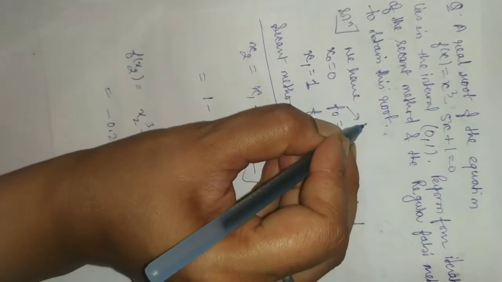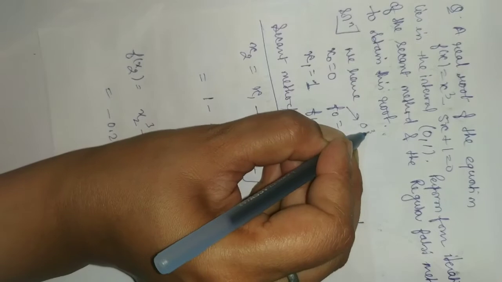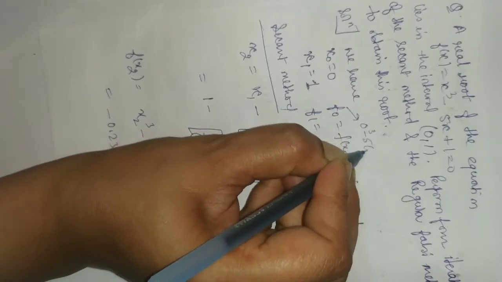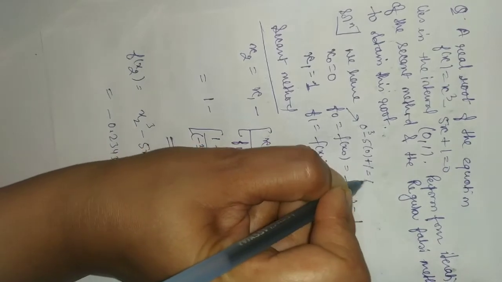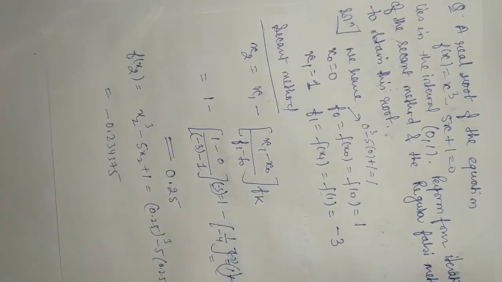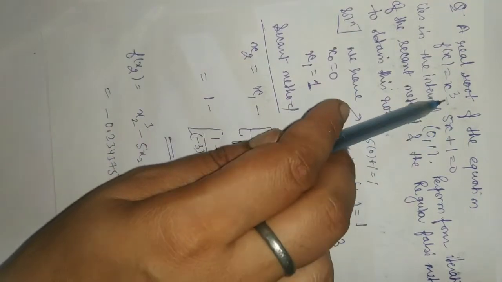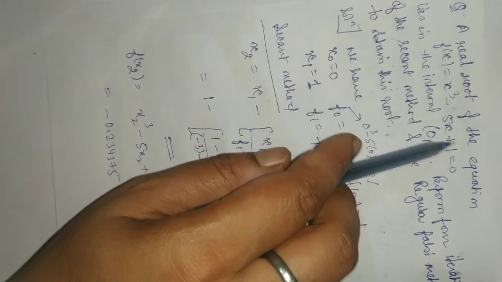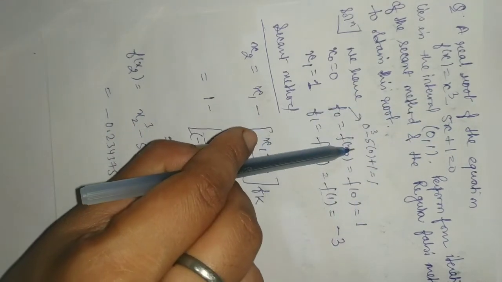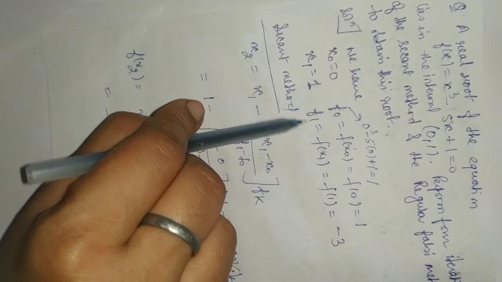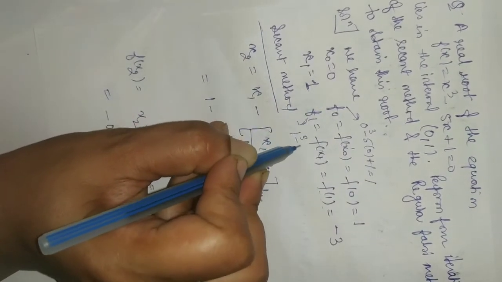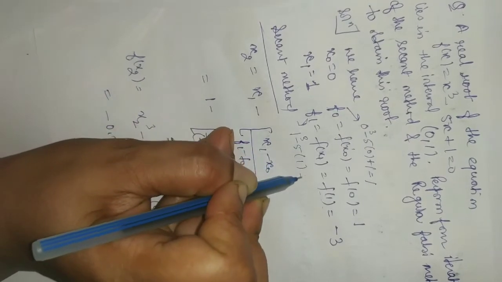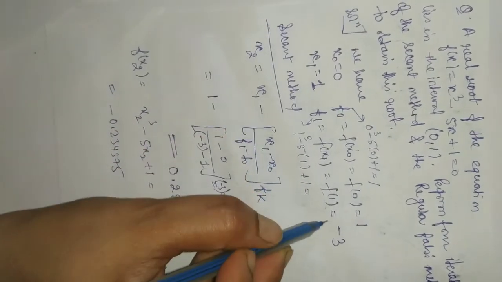If we substitute 0 in place of x in the equation, we get the value of the function as 1. For x equal to 1, we substitute 1 cubed minus 5 plus 1, which is minus 3.